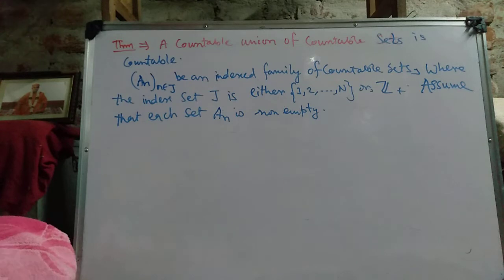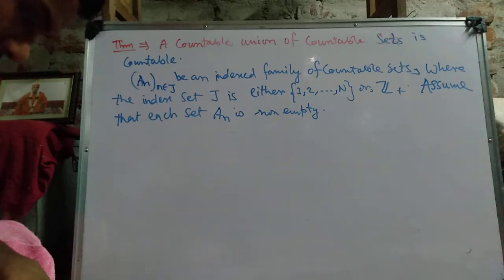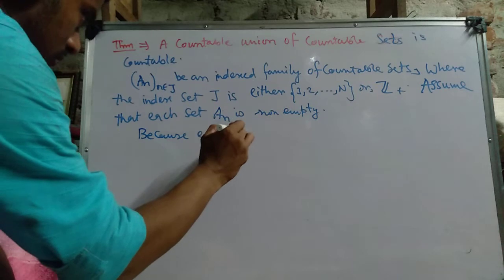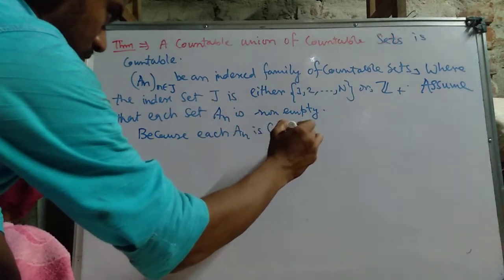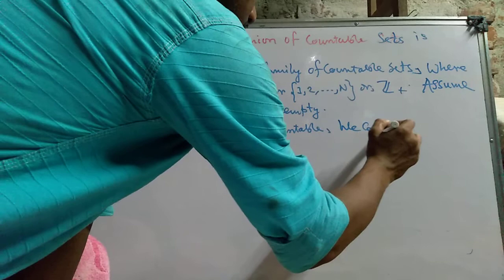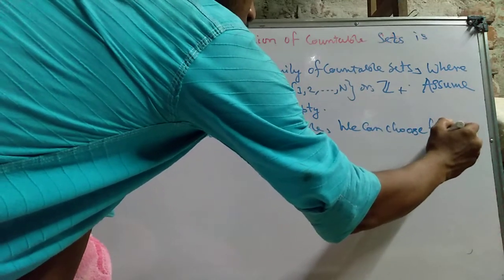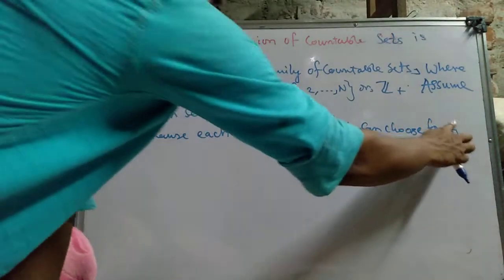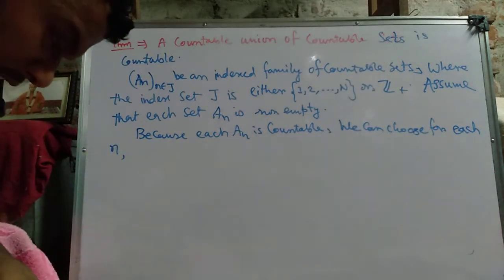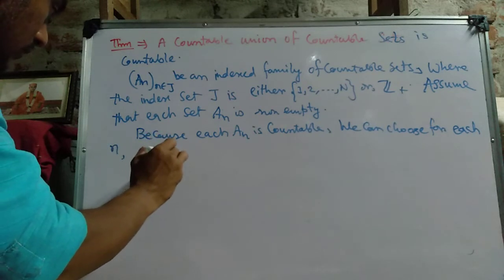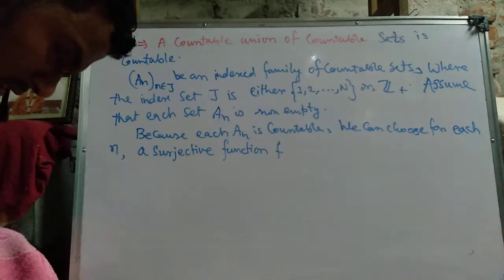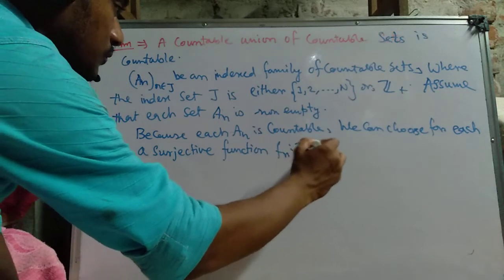Because each A n is countable, we can choose for each n a surjective function f n from Z plus to A n.